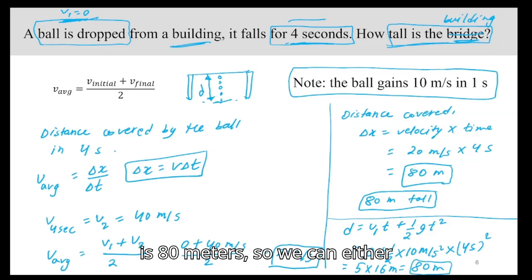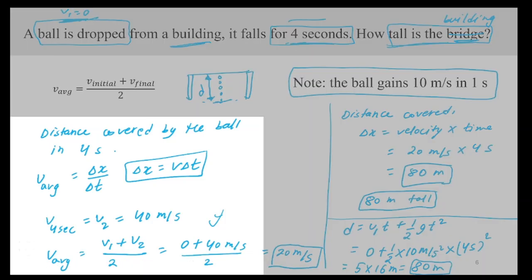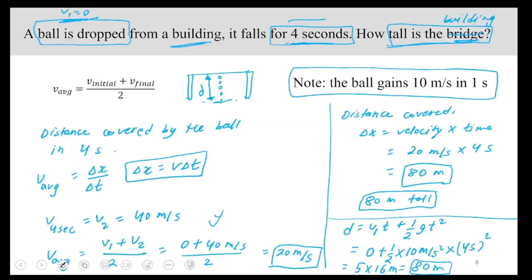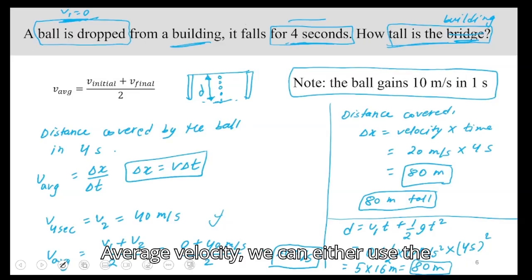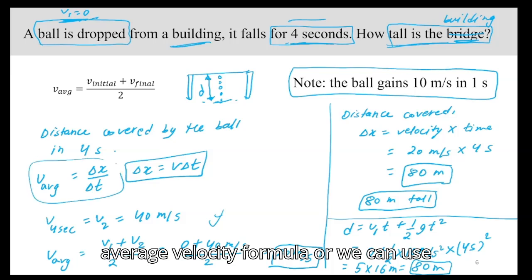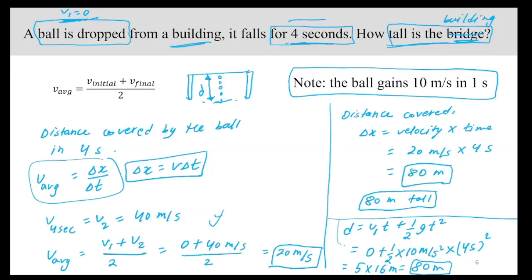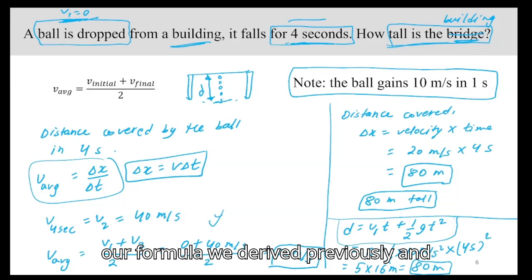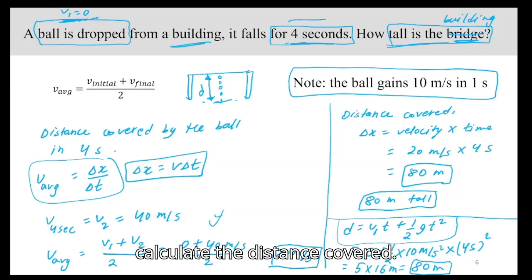So we can either use the average velocity formula, or we can use the formula we derived previously to calculate the distance covered.